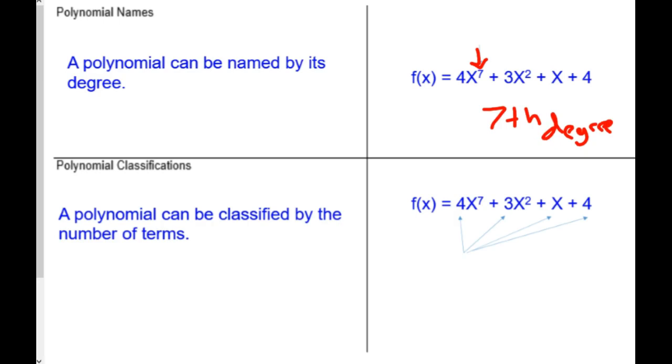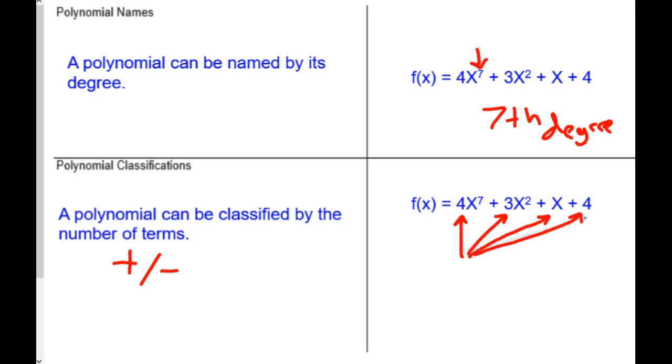And then classifying, you can classify by the number of terms. Terms are separated by plus and minus. Okay, the plus or minus sign. So how many terms are over here? Here's a term, here's a term, here's a term.